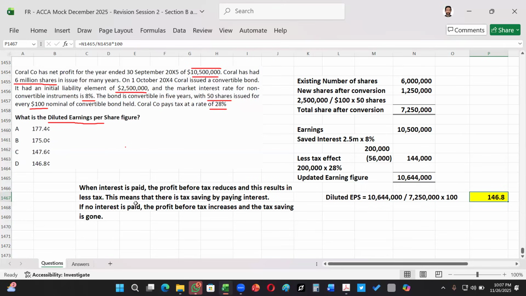I explained when the interest is paid, the tax reduces, and obviously when the interest is not paid, there is no tax saved. So we have to accommodate that as well. So the real saving is only 144,000. So the earnings is this figure. Okay. So I hope you understand. This is the first case of the diluted EPS. We are only left with one case, and which is easier one.